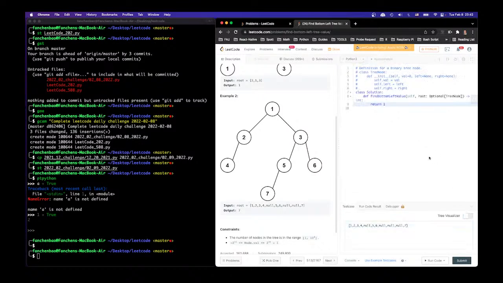So basically we will want to find the last row. Well, we can figure out the last row. And if we go left, right, now left, root, right. Can we guarantee?